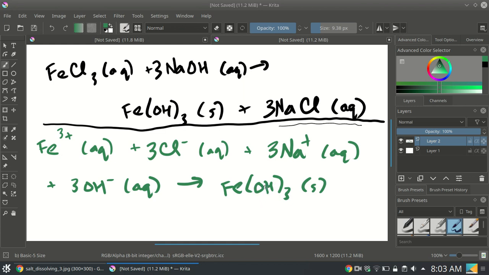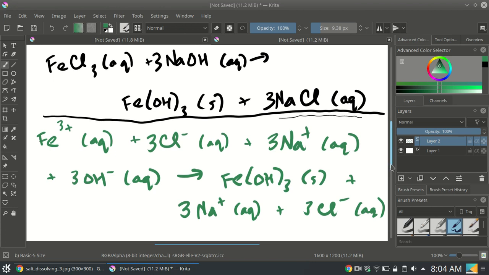It was not all separate and floating around. It was solid all together. So that's how it actually was in your test tube. Right, now the rest of this was 3 sodium ions floating around all separately in the water, and 3 chloride ions floating around all separately in the water.